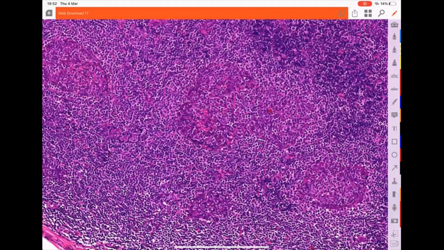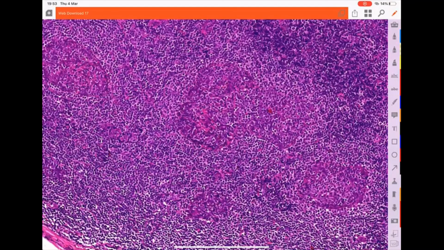But yes, you will still have to do the immuno. I am not saying a definite diagnosis here. I am saying this is a lymphoid-rich tumor with lymphoepithelial lesion, okay?